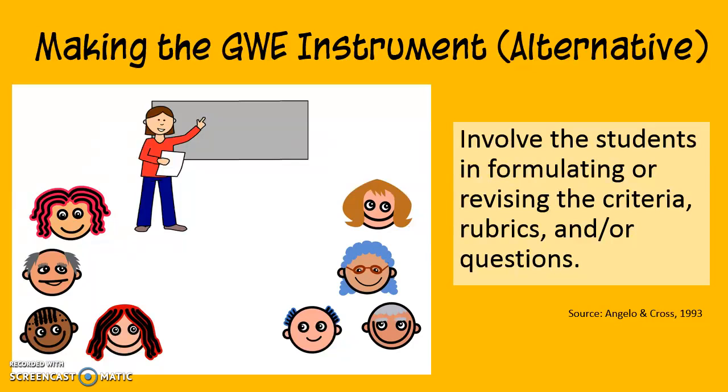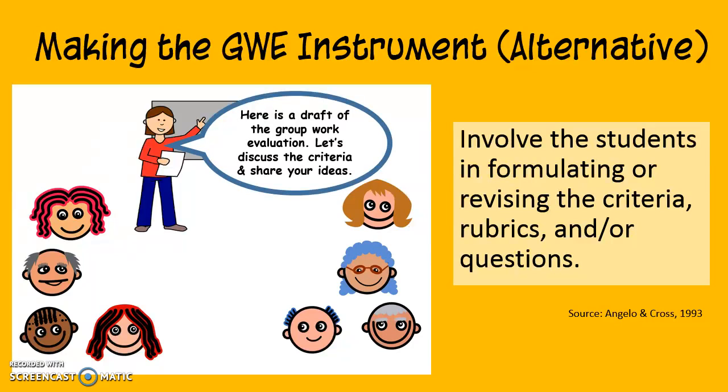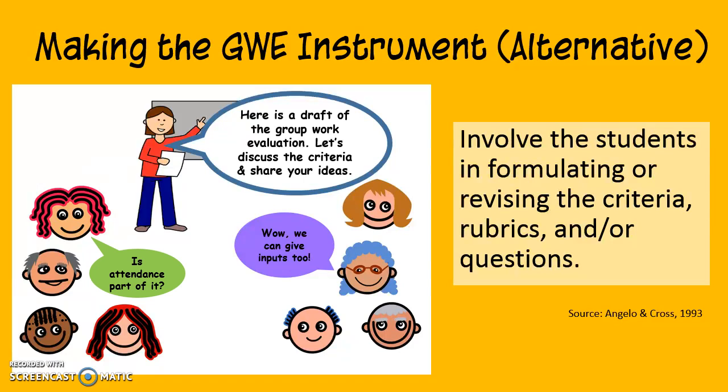Alternatively, students can also be involved in creating the group work evaluation instrument. By doing so, students become more accountable and invested on the task, thus promoting student engagement. The next 4 slides will show examples of group work evaluation instruments.